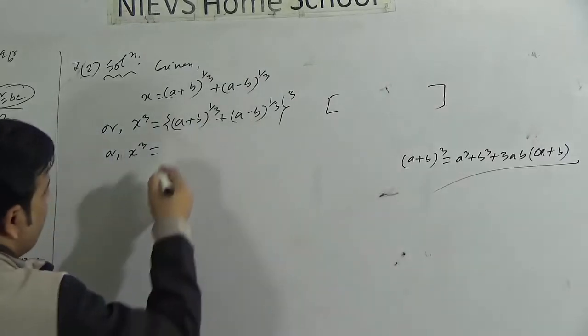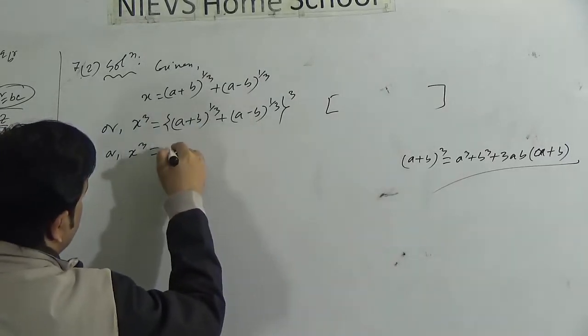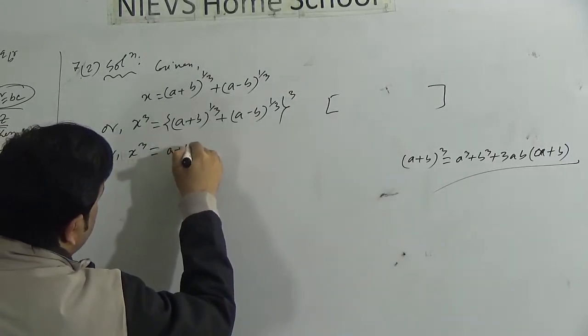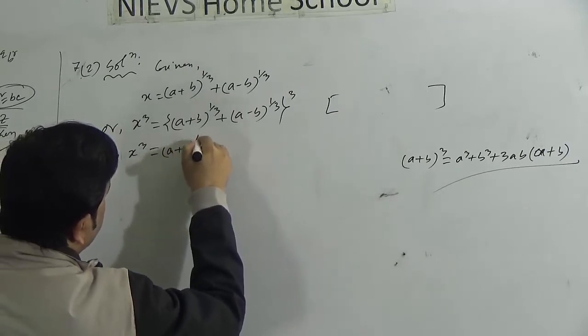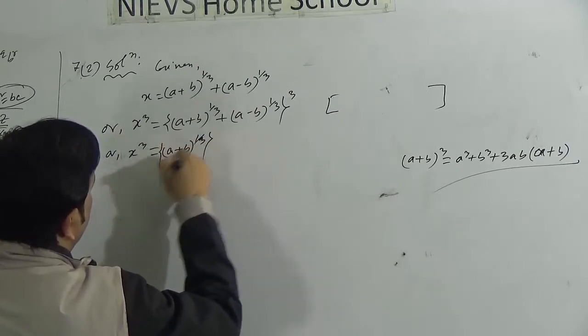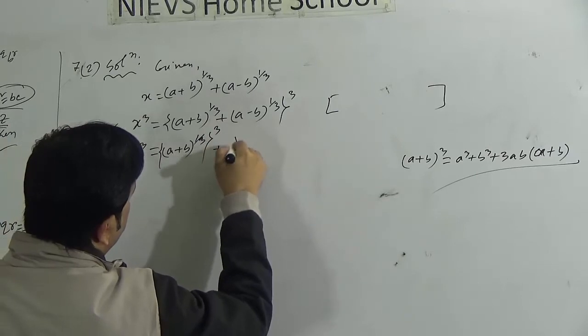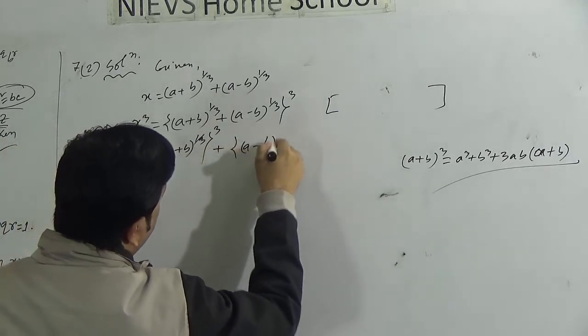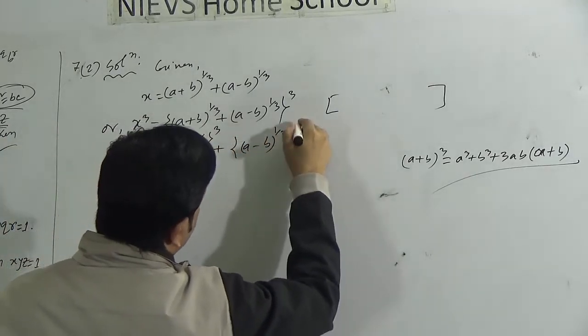So if we apply the formula in this question also, we will get here [(a plus b) to the power 1 by 3] whole cube plus [(a minus b) to the power 1 by 3] whole cube.